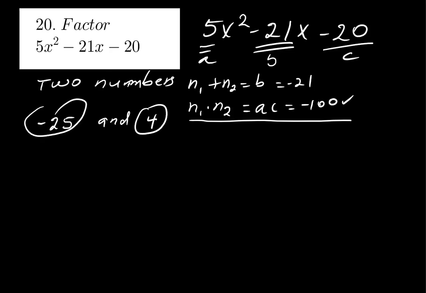So now we break the b into these two numbers. So 5x squared minus 21x becomes minus 25x plus 4x. Then minus 20, we can say this is equal to, now we can put 5x in factor here.